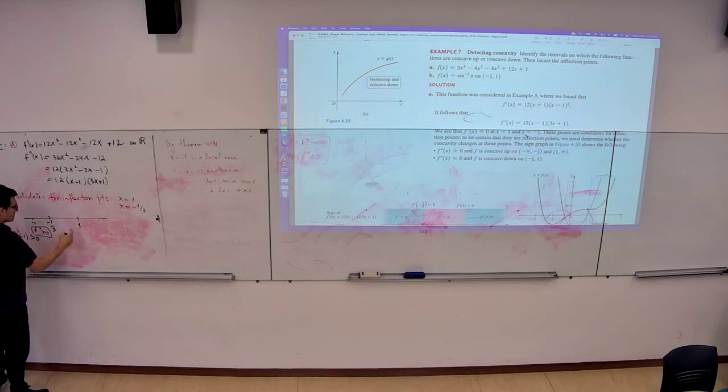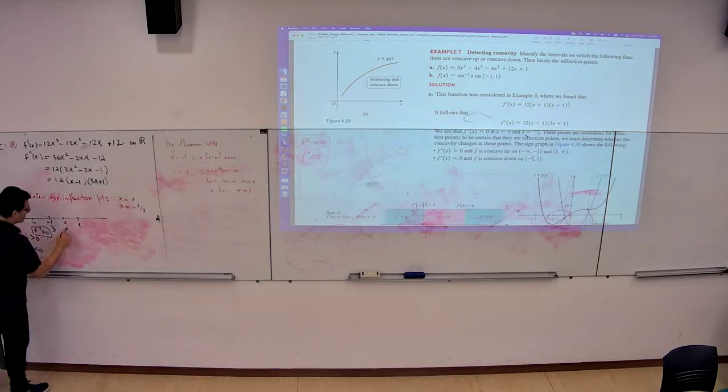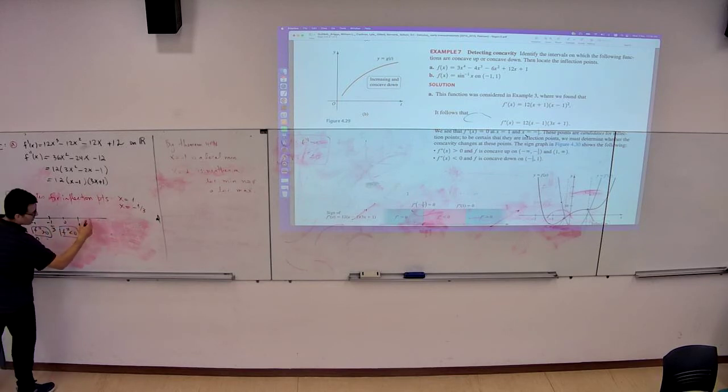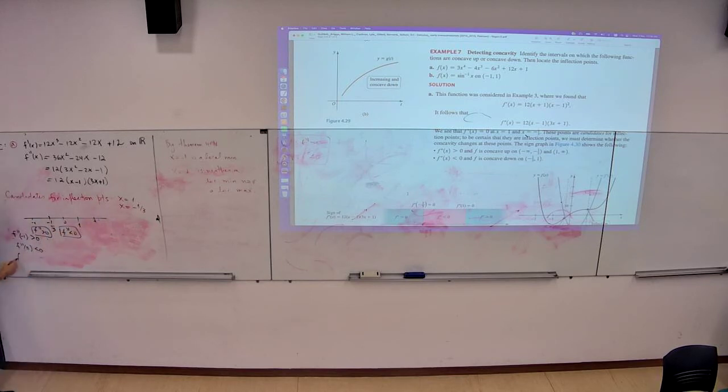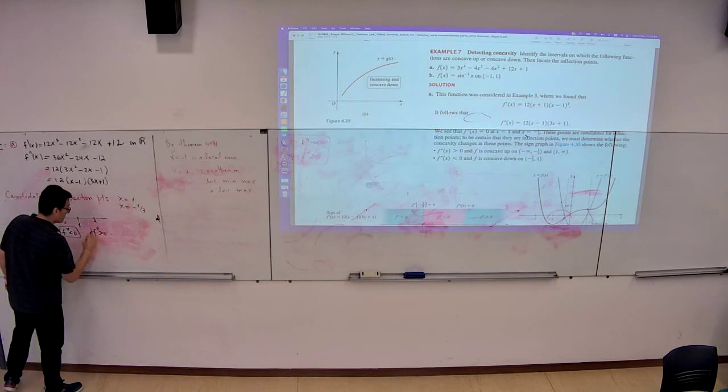In between you have 0. So f double prime at 0 is negative. So f double prime here is negative for sure. And then on 1 onward, you can pick 2, for example, f double prime at 2 is for sure positive. So f double prime here is positive.